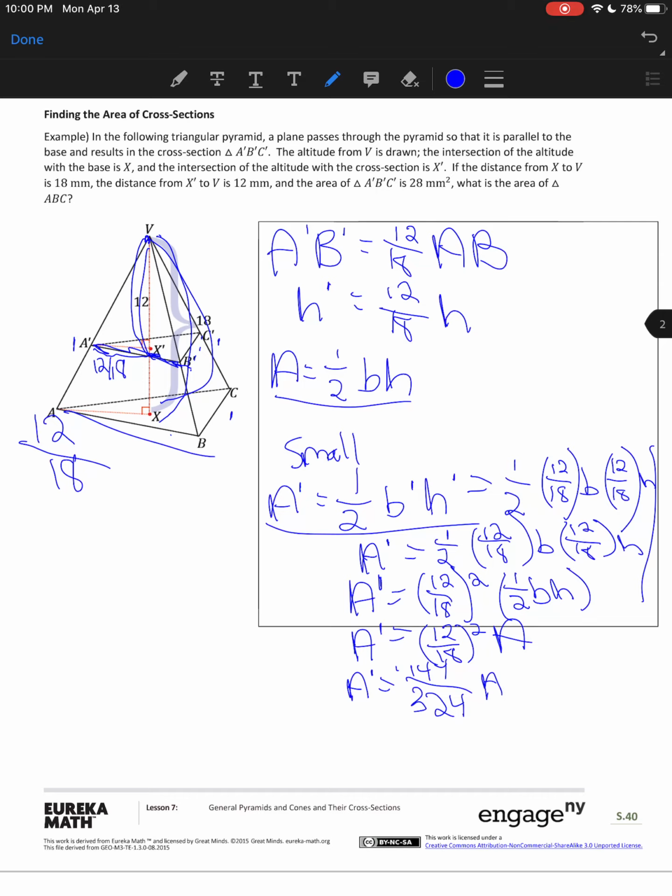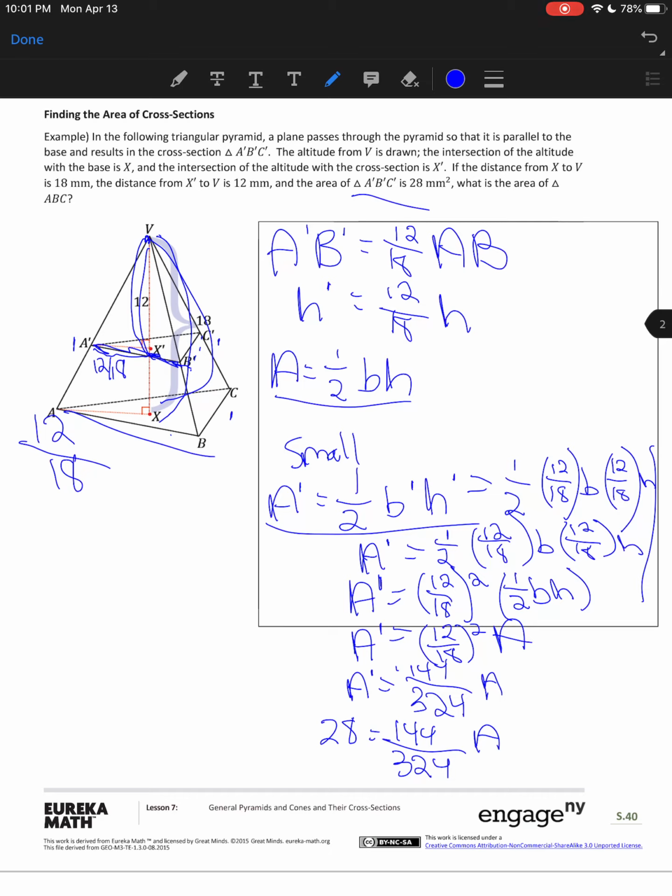So now we're ready to plug in our numbers. We know up here, if you remember, the area of the smaller one is 28, which equals 144/324 times A. So now this is just some algebra, we're solving for A. One way we could do it is to multiply both sides by 324 first.